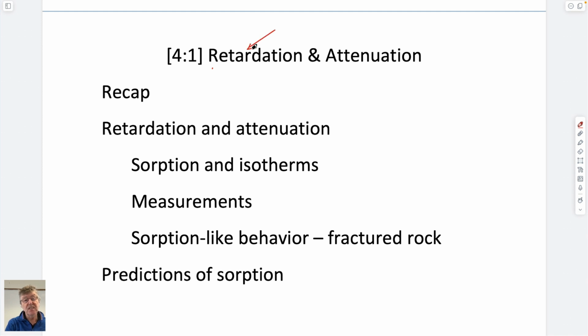Retardation, which means a delay in arrival. And attenuation means lower concentration at arrival.